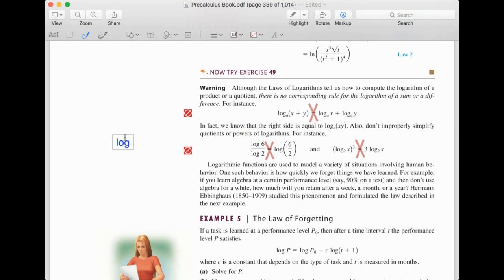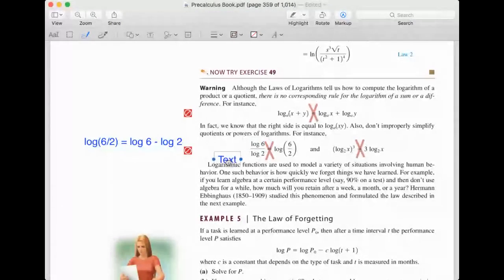Log without the base means base 10. Log of 6 divided by 2 can be written as log 6 minus log 2. It cannot be written as log 6 divided by log 2.